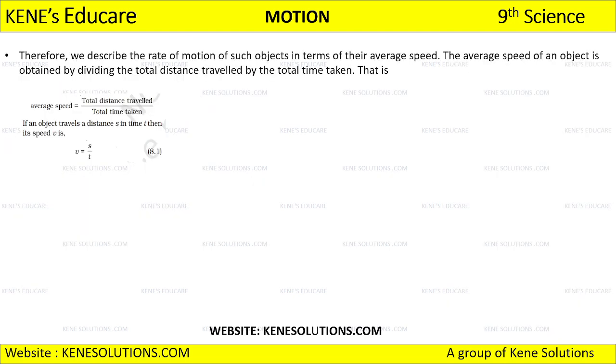After this, we discussed how to calculate the average speed. So here we have the formula to calculate the average speed, and I want each one of you to please go through it.